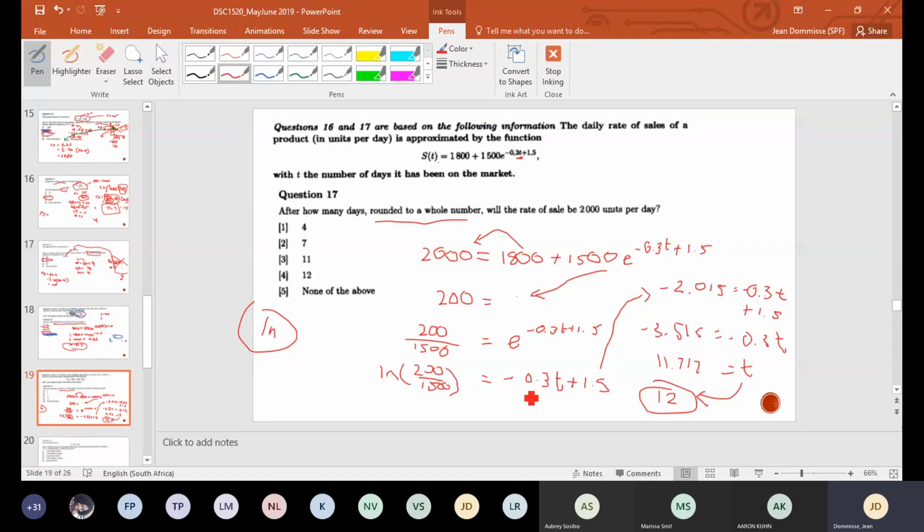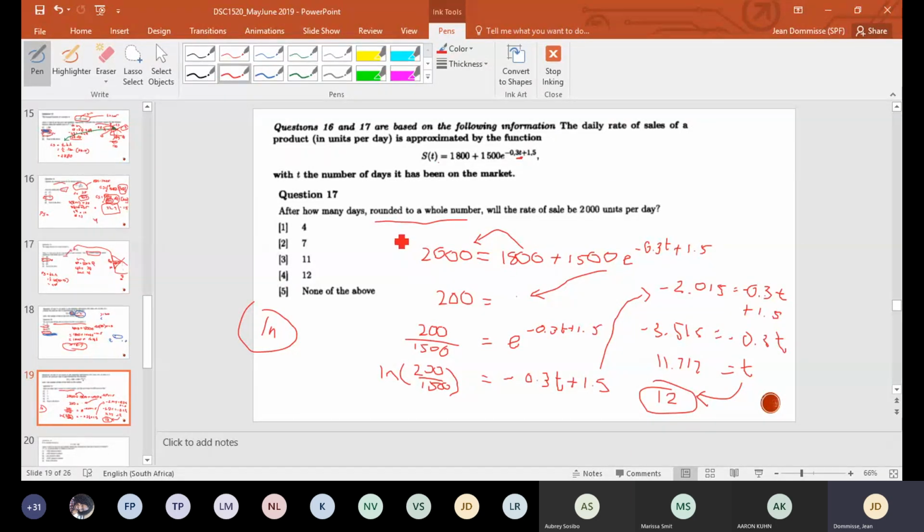What is also interesting here is I normally would have said they won't give you one that is as close. So you need to know that you need to round off to the higher number.